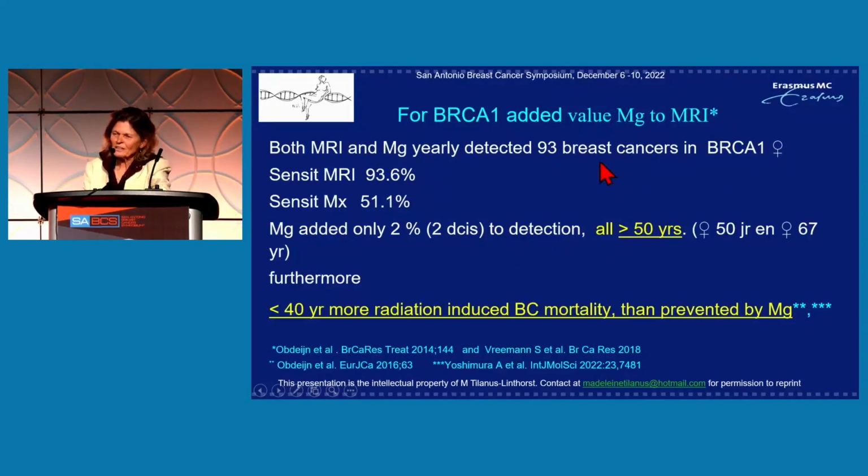In this retrospective study, 93 breast cancers were detected with MRI and mammography screening in BRCA1 mutation carriers, and mammography added only 2% DCIS to the detection, all above 50 years. Furthermore, in another study, Obdeijn et al. calculated that below age 40 years, there would be more radiation-induced breast cancer mortality than prevented by mammography.